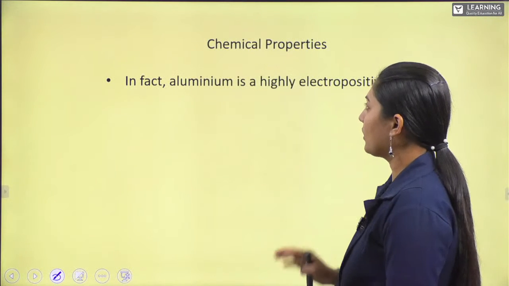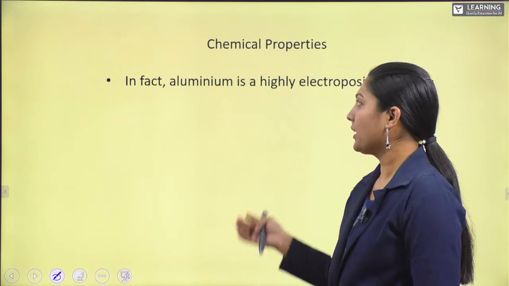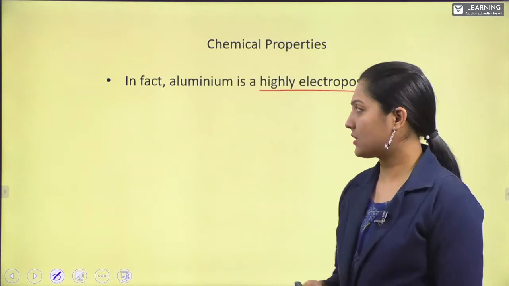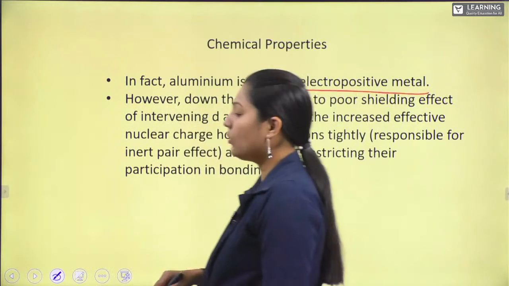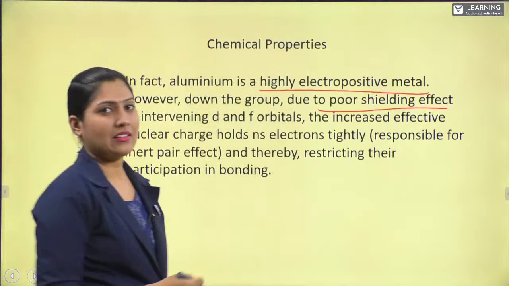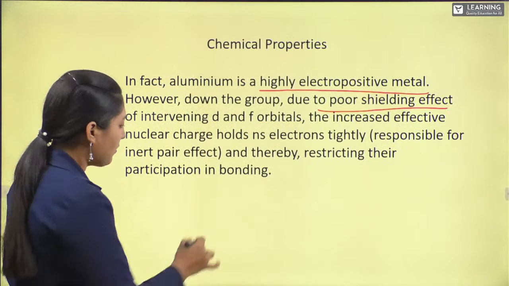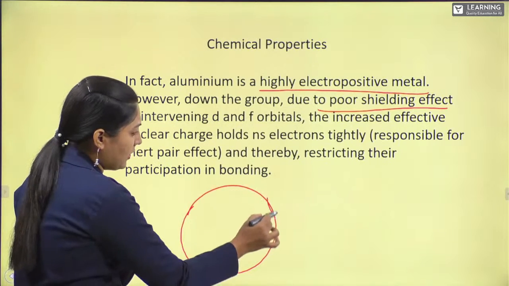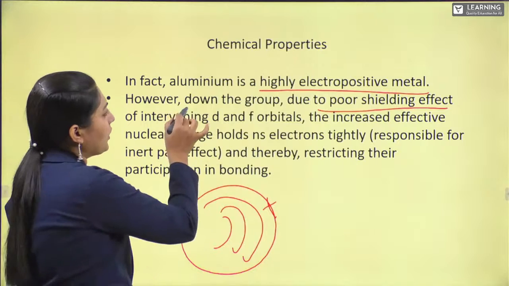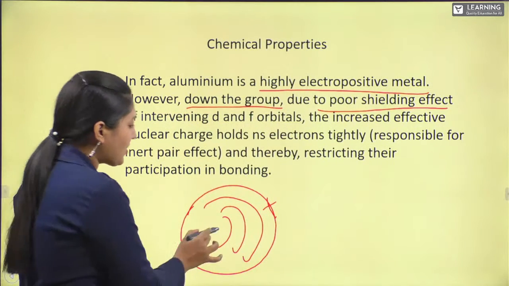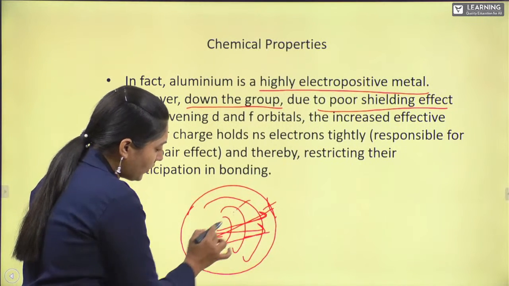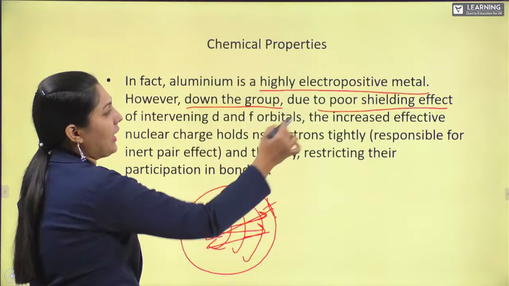Fine. So we'll go ahead with the chemical properties here. In fact, aluminium is a highly electropositive metal, and down the group, what happens? Does the shielding effect increase or decrease? Shielding means the outermost orbit will be shielded by the inner core electrons. But as we go down the group, the attraction towards the nucleus will be more, and it leads to poor shielding.